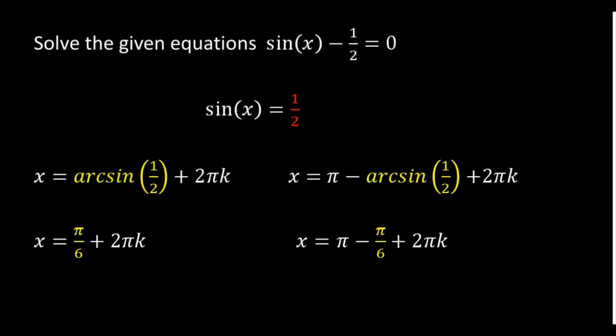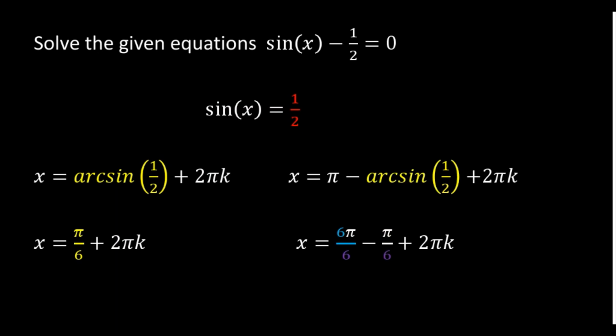Now we can simplify this a little bit further. So pi, we can multiply top and bottom by 6 to bring it to a common denominator with pi over 6. So now we see that both of these fractions have common denominator 6, which means that now we can subtract them.